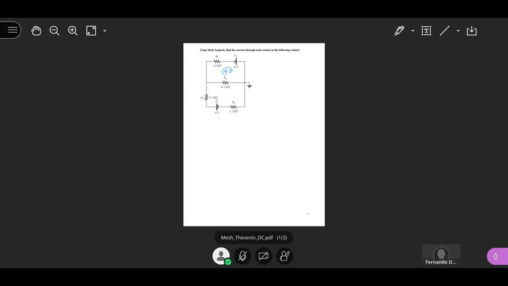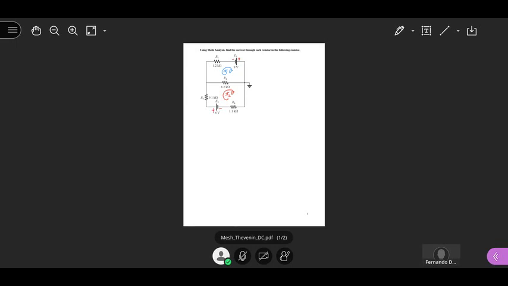And then we're going to assign this to be I2. For this method, you don't need to assign the polarities if you want, but you could do that if you choose to. But this is given: the big bar is positive, that's negative. Negative, positive, right?